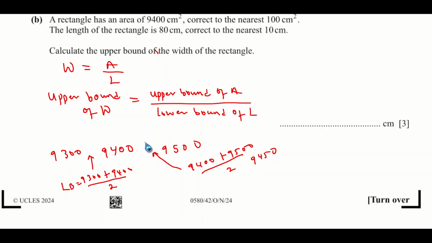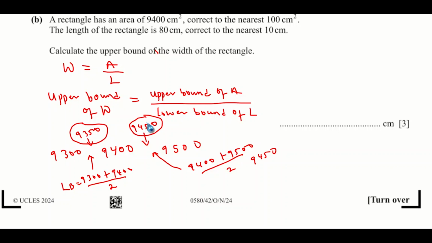So we can just take it without writing anything here. I just have to show you this: it's something you can get directly. So this will be 9,350. That will be the middle of these two numbers. So this is the lower bound of the area, and this is the upper bound of the area.